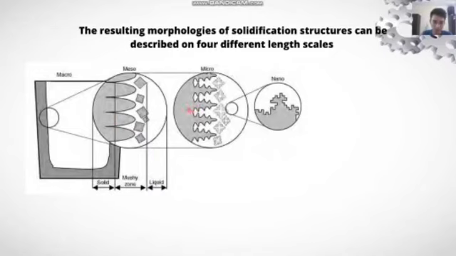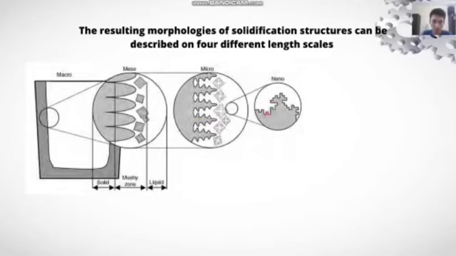Microscale structure, or microstructure, is on the order of 10 to the power of minus 6 to 10 to the power of minus 5 meter. The term microstructure is the classic term used in metallurgy to describe features observed under the microscope.